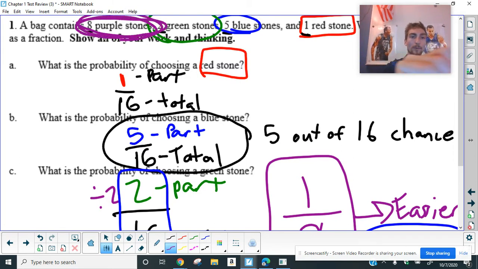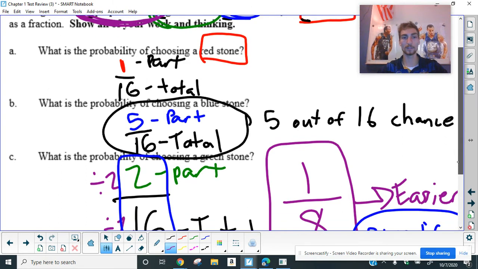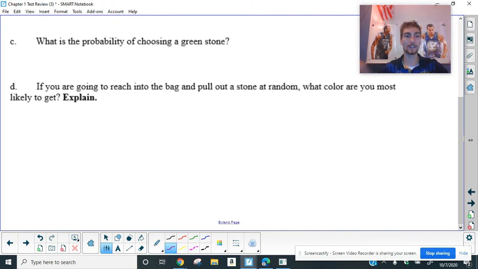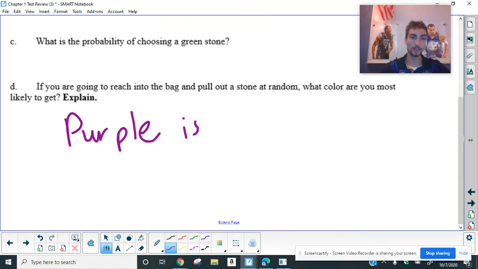Can't forget about the purple. And 8 is the biggest number out of all of them, right? There's more stones that are purple than any other color. And so I would write that as my answer. Purple is the most likely.